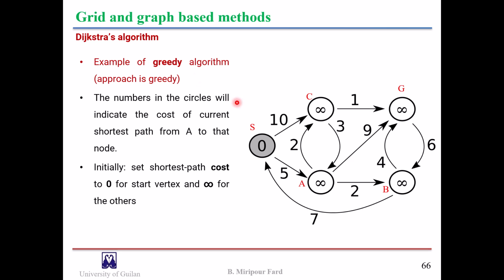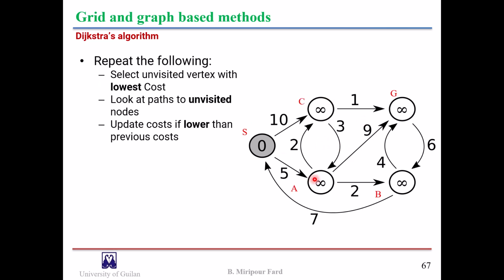The number in the circles will indicate the cost of the current shortest path from S to that node. Initially, we set the shortest path cost to 0 for the start vertex because we travel 0 distance to go from S to S, and infinity for the others because no paths have been determined yet. Then the following steps are repeated.